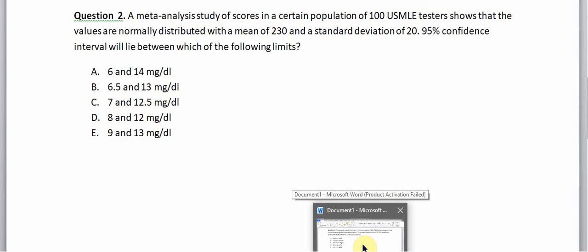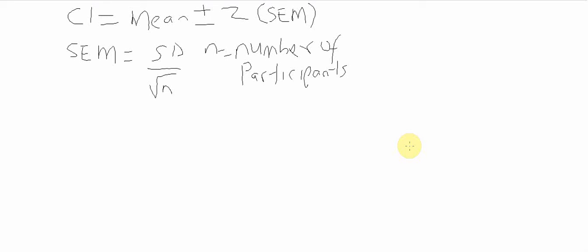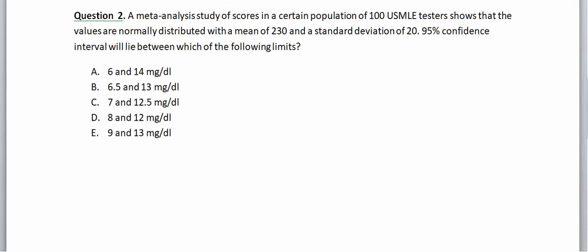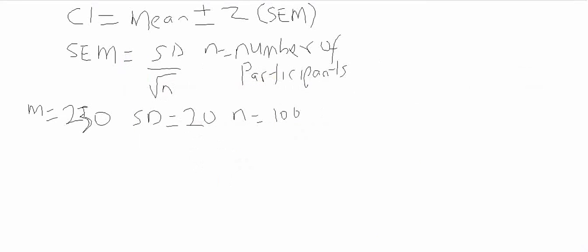Our standard deviation was 20 and the number of participants here is 100. So the mean is equal to 230, the standard deviation is equal to 20 and the number of participants is equal to 100. Okay, and I think we are right.